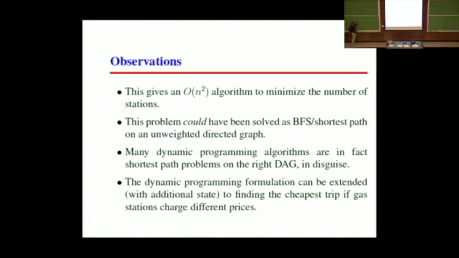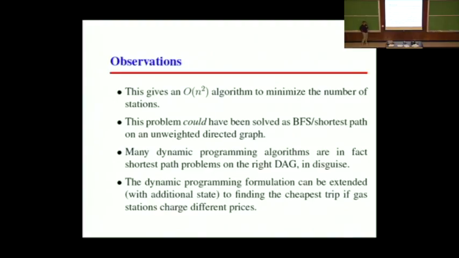If I add an edge between any two stations that you could drive from one to the other, then it would be the fewest hops I need to get to where I'm going. Does everybody agree that that would be a breadth first search? How many people see that? How many people are confused about what I'm asking?